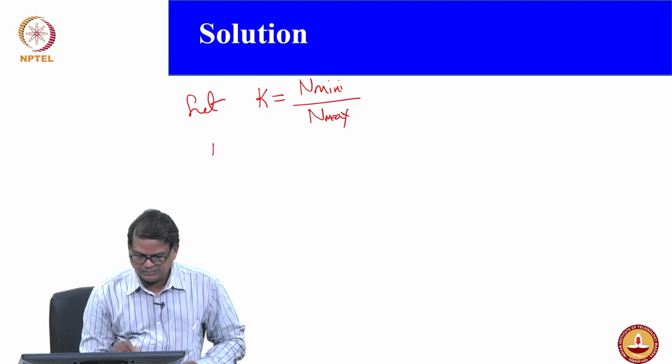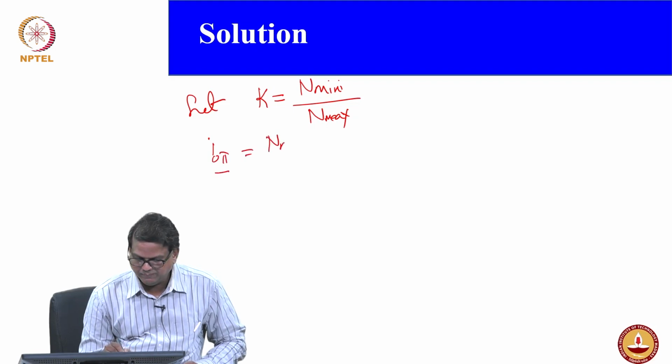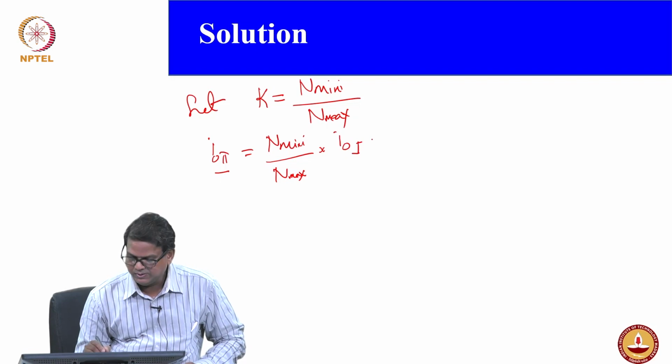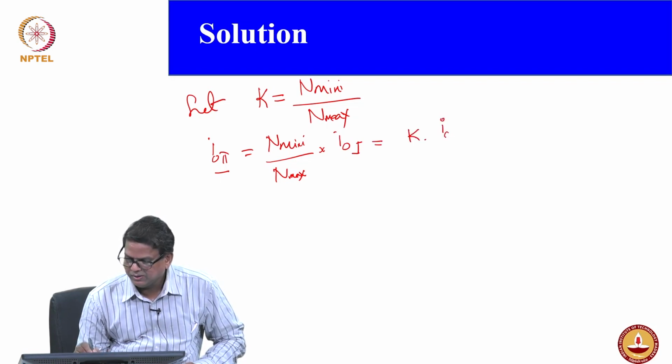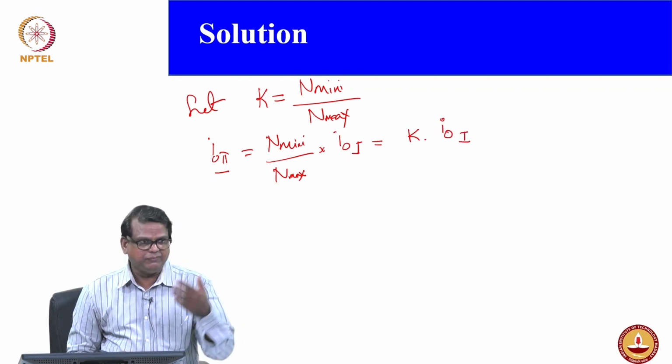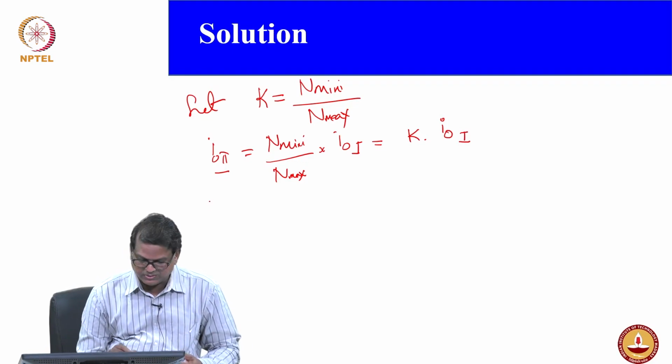So, if I rewrite again, IO2 equal to n mini by n max, into IO1, is nothing but K into IO1.